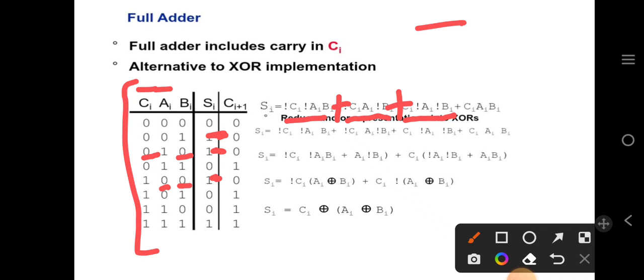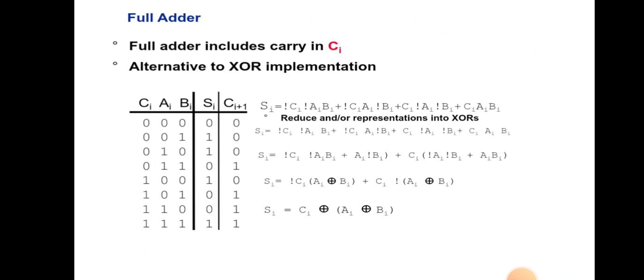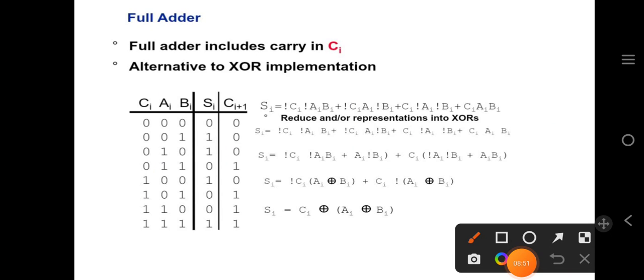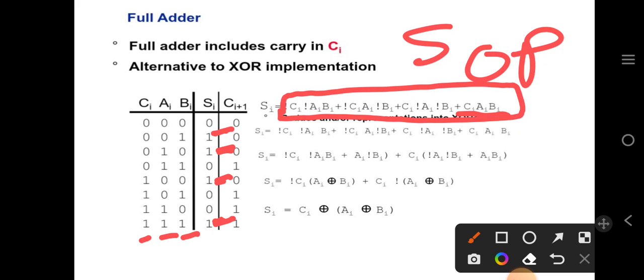Here I have replaced the bar by this symbol; you can write like this also. Now the next one is here: Ci, Ai, Bi. It means you have to write the SOP equation only where the outputs are 1. So you will get these 4 combinations and you can add these products to get the SOP equation.